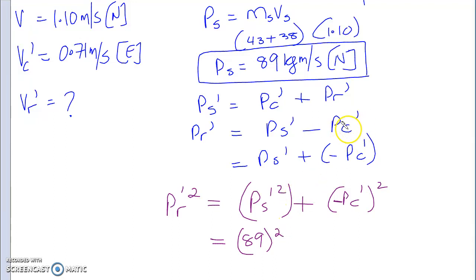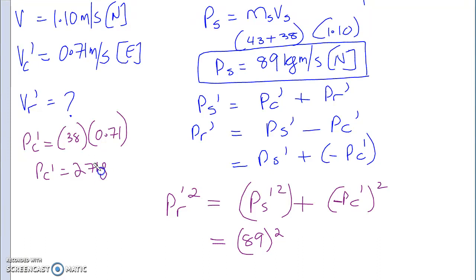And the child's momentum we already know is 38 times 0.71, and you get PC prime, which is 27 kilogram meters per second. So this is plus 27 kilogram meters per second squared. And you end up with PR, which equals 93 kilogram meters per second.